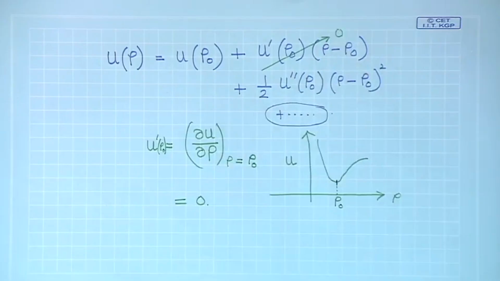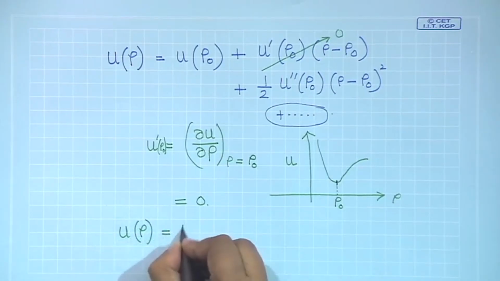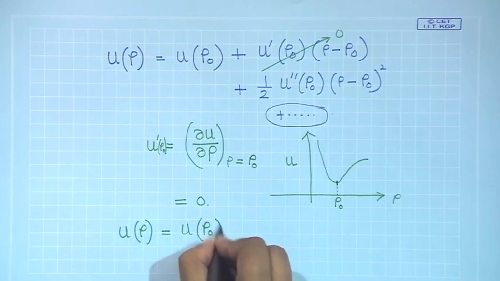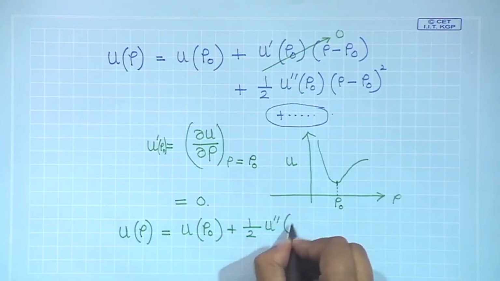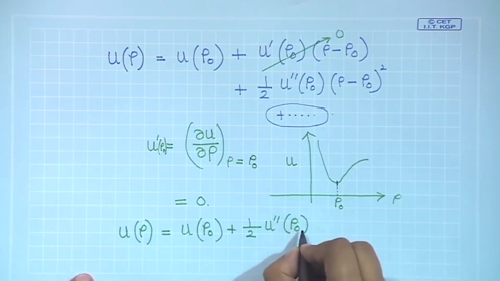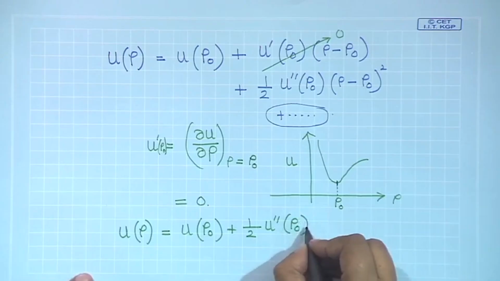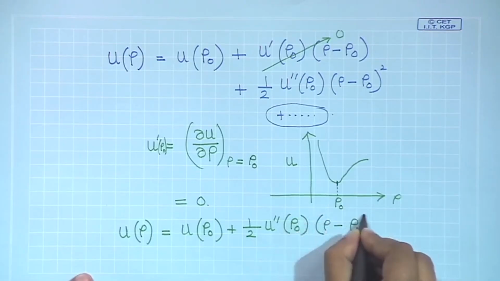And then I have u of rho simplifying to u of rho naught plus half of u double prime, that is the second derivative of u with respect to rho evaluated at rho equal to rho naught, that is the equilibrium bond length, into rho minus rho naught whole square.